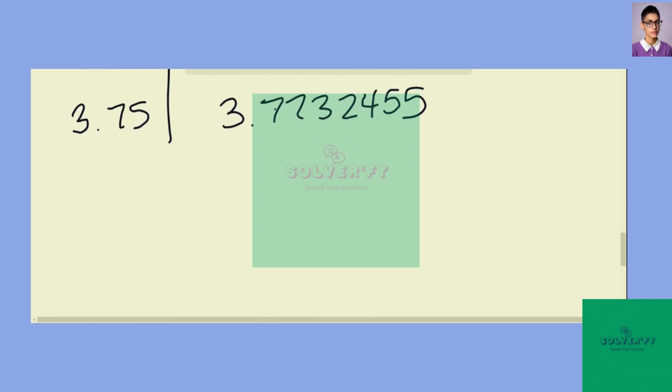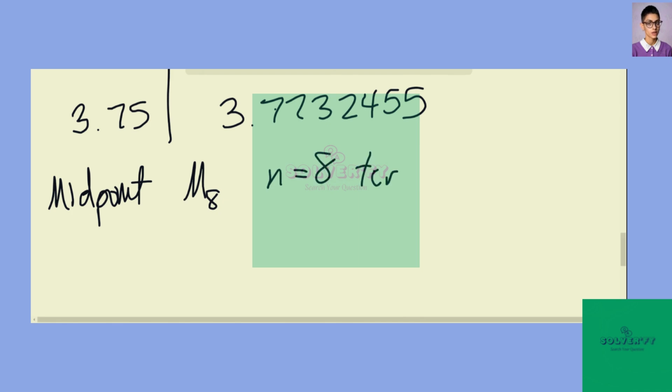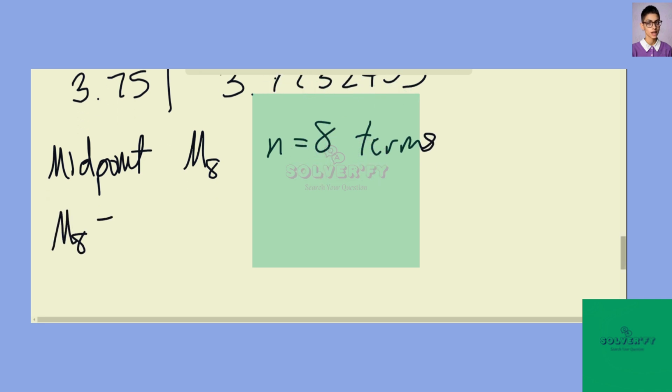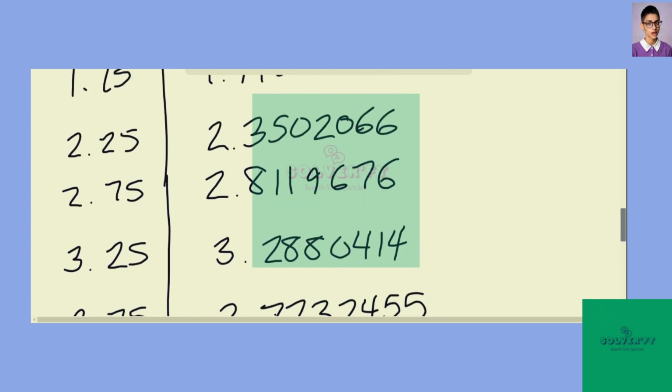And finally, we're going to use the formula. We know that for the midpoint rule, our approximation we'll call M8. This is going to have a total of n, or 8 terms in its sum. The formula is that M8 is the length of a subinterval, delta x, which is 0.5, times the values of our function at the midpoints of each of these intervals.